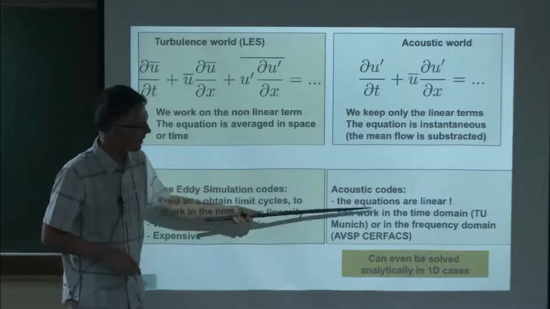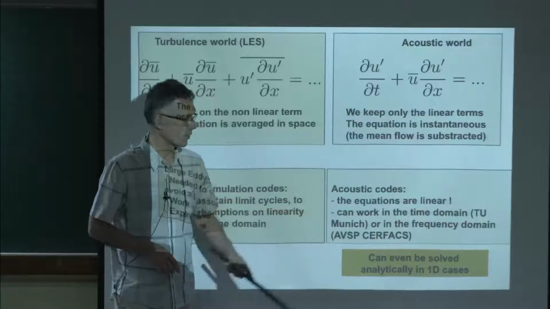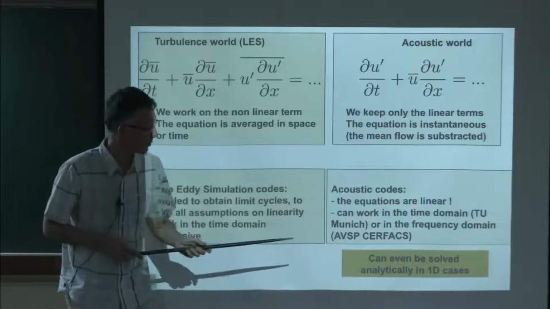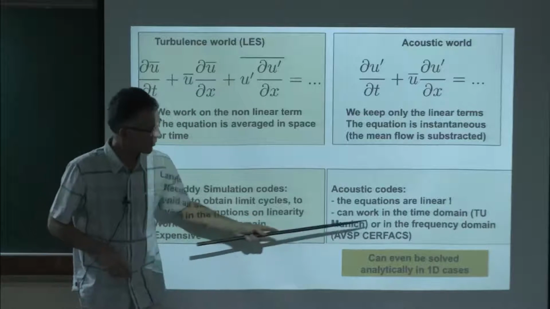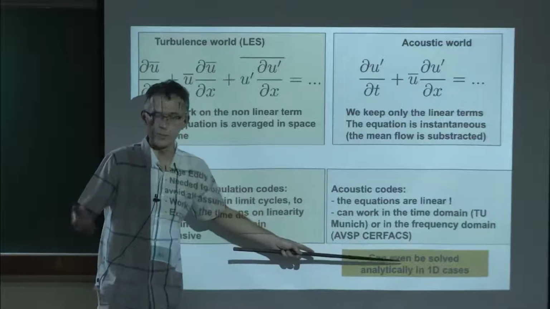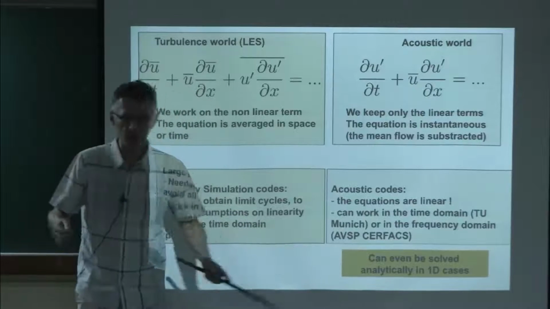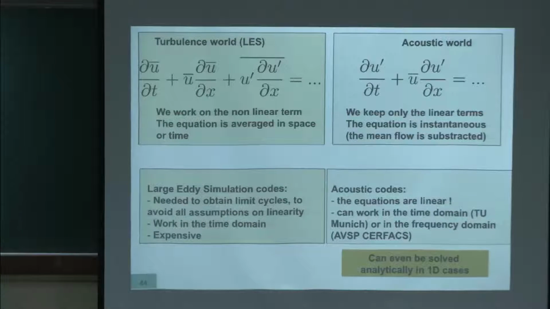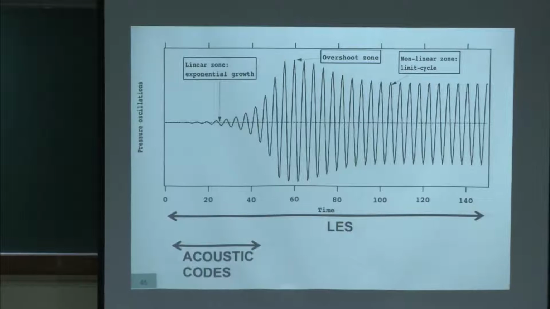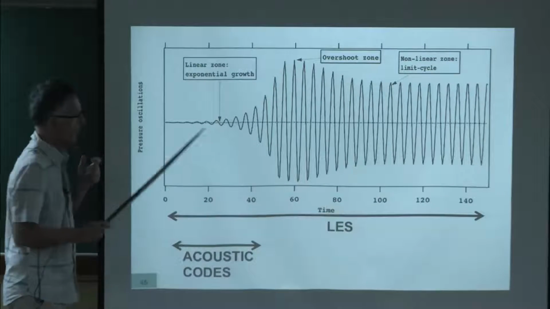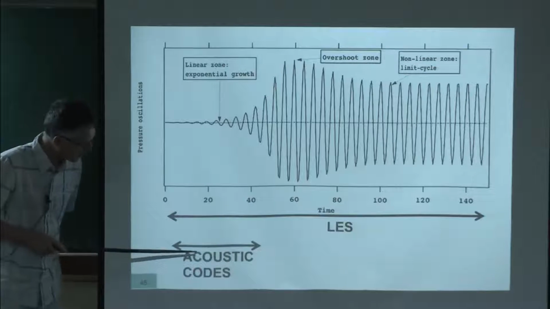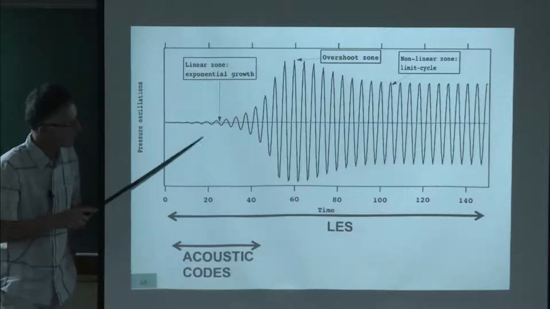Here on this line, we're going to have linear equations, so we're going to be able to solve them much more easily, either in the time domain or in the frequency domain. And since we started that way, you might even simplify everything, go to 1D cases, and solve them by hand, which is what I will do later. So again, to remind you, LES can be used anywhere along this sequence, but acoustic codes can be used only in this zone.